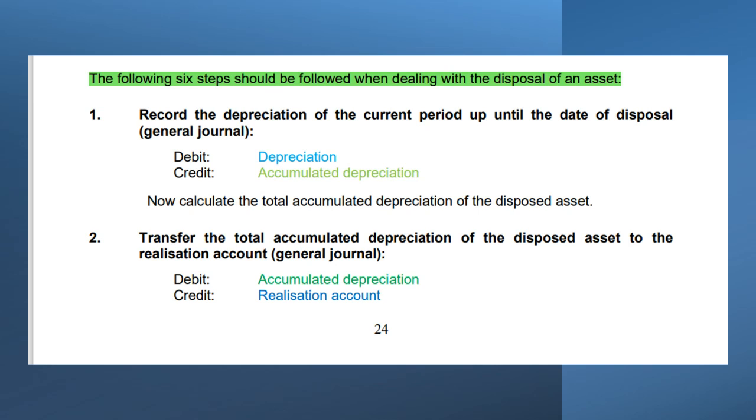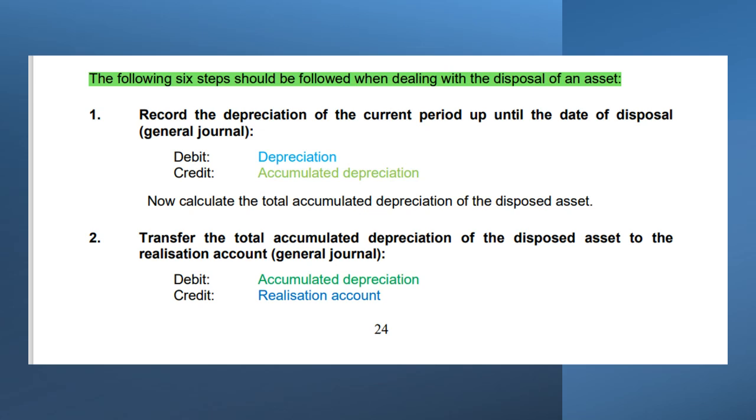So now, while we are still dealing with number 1, they also tell you to calculate the total accumulated depreciation of the disposed asset. Remember that the asset that you're selling now, in the middle of the year, already had an opening balance in terms of your accumulated depreciation.